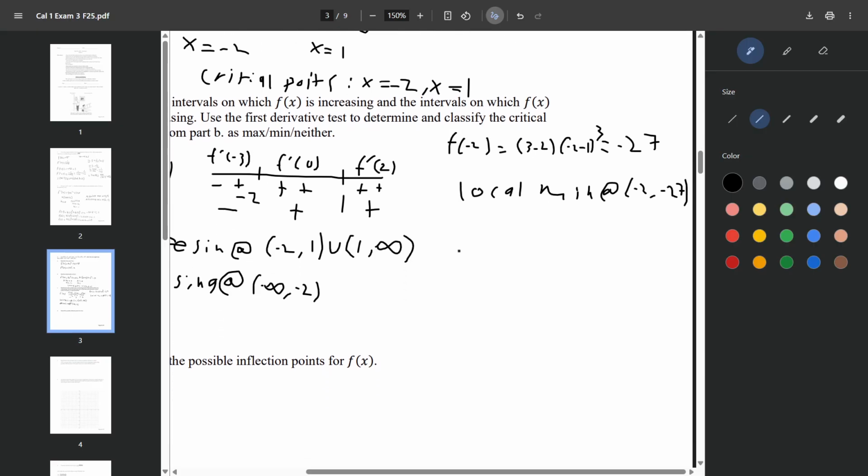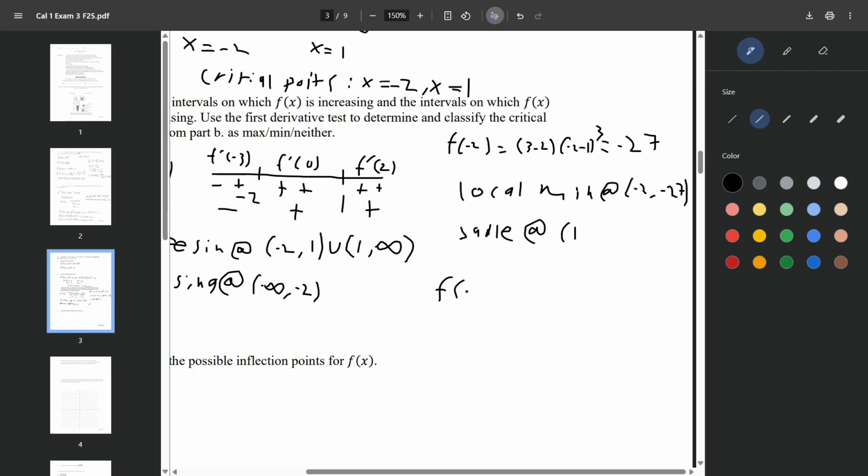And now for our saddle, it's going to be at 1. And let us calculate where that saddle will be.